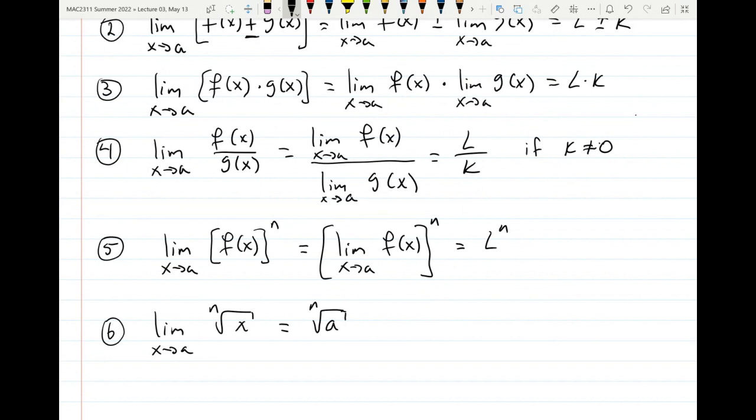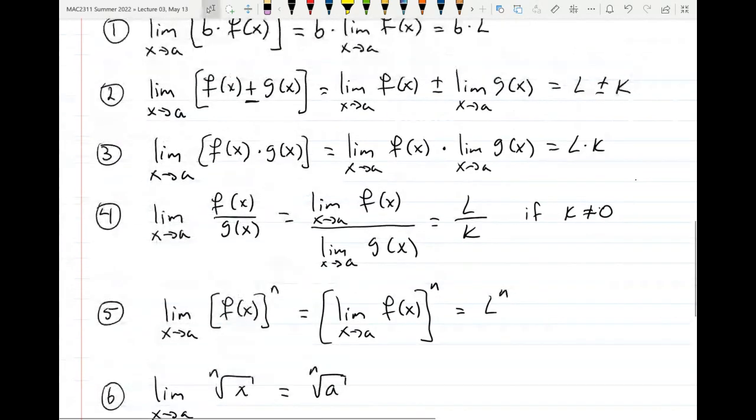Okay, let's just keep it like that, and then when we talk about continuity, you will see that this can be extended to not just x, but I could put a function here. And if you put f inside that radical, then the statement would read the n root of L, where L is the limit of the function. But let's keep that until after we do continuity.